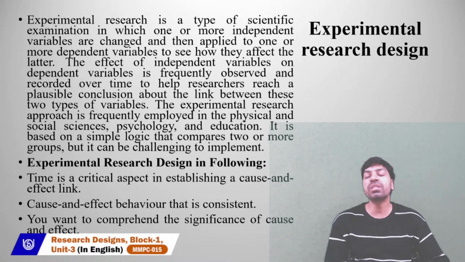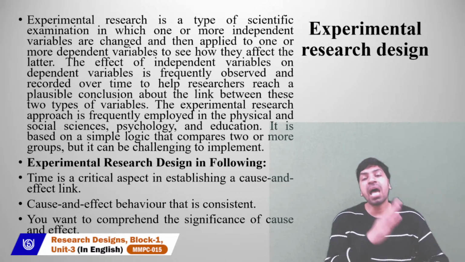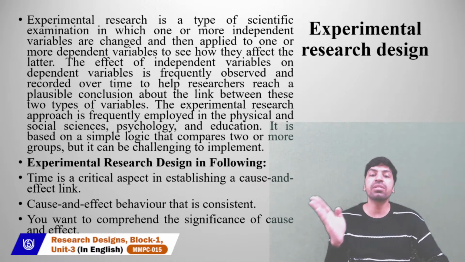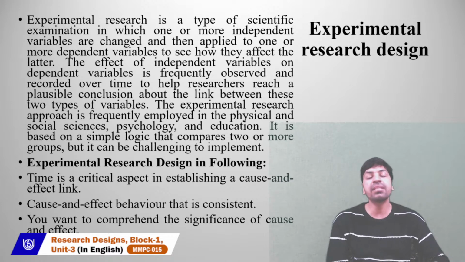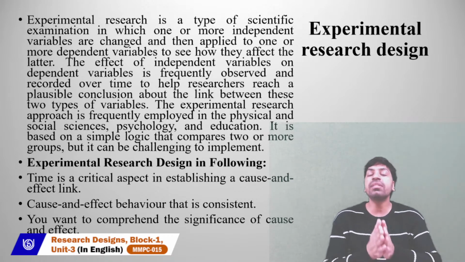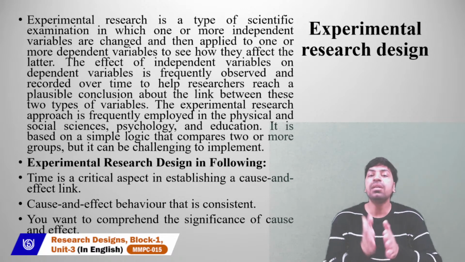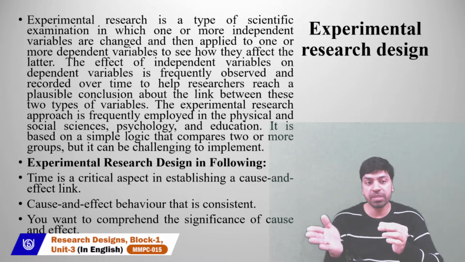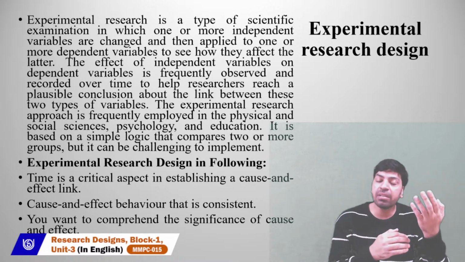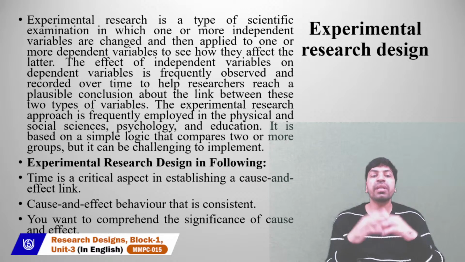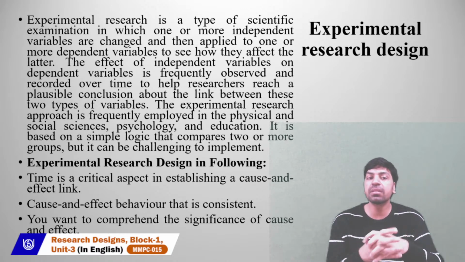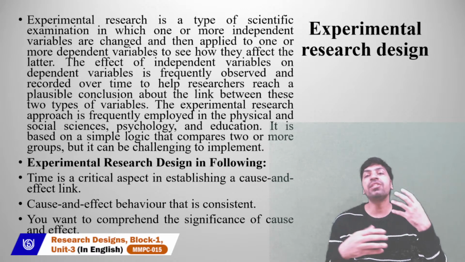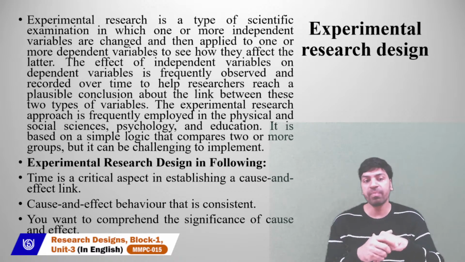This is one of the most valuable approaches in specializations like physical and social science, psychology, education, etc., because experimental research design is always used to compare two or more groups, whether independent groups, dependent groups, or controlled groups. So it is very challenging to implement this design.